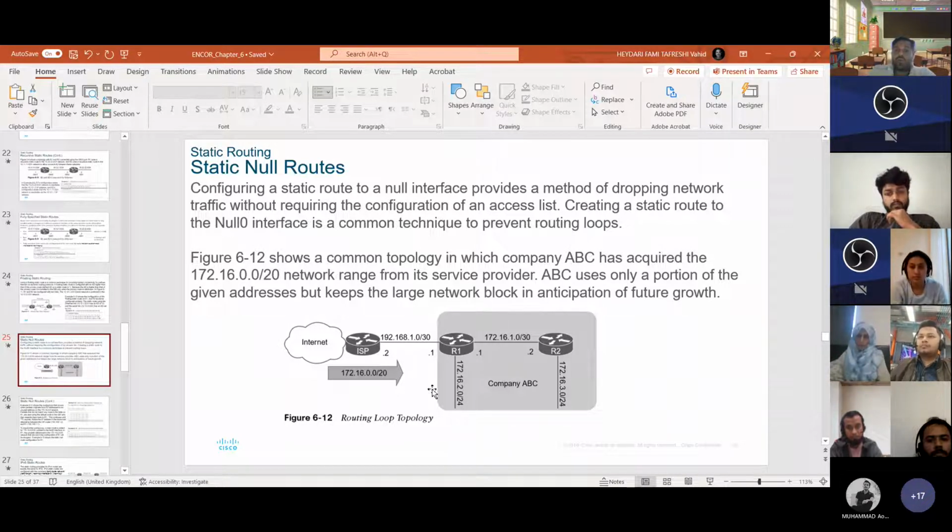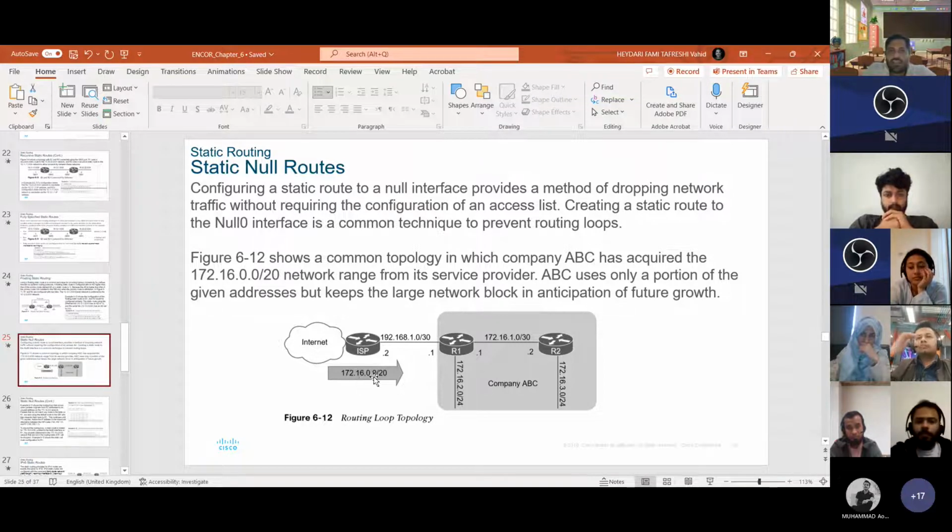So look at the subnets that have been assigned between these two routers and this one and this one. This company, well, the name is ABC, whatever, they have 3 subnets defined here. All of these subnets can be summarized into this IP address. If you don't know what route or address summarization is, this is because you haven't watched the previous videos that I have shared with you.